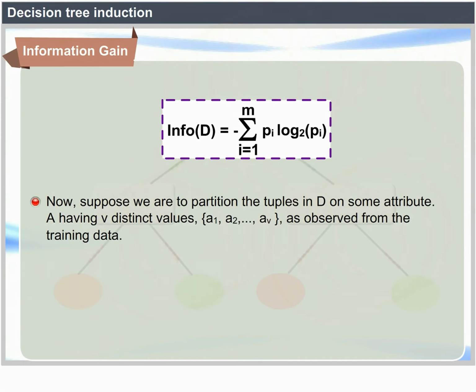Now, suppose we were to partition the tuples in D on some attribute A having v distinct values, a1, a2, going up to av, as observed from the training data.